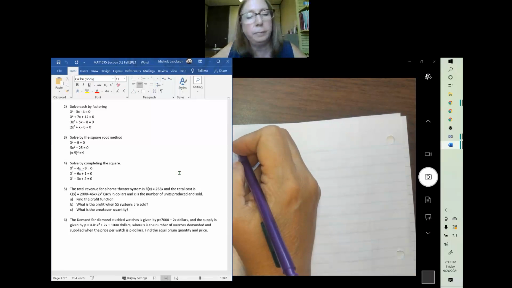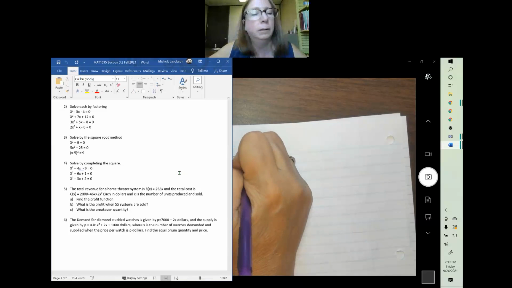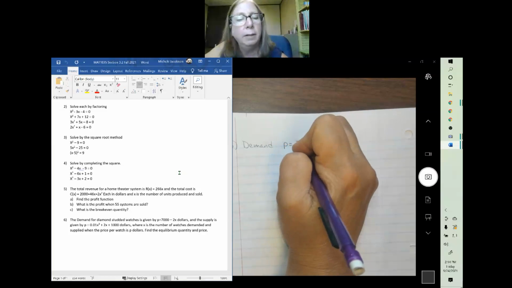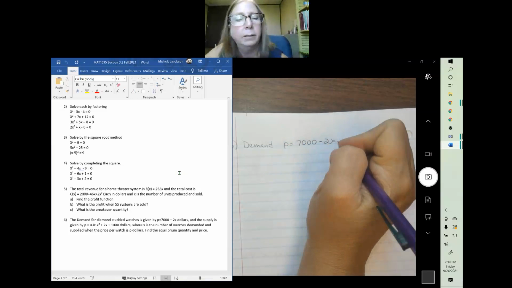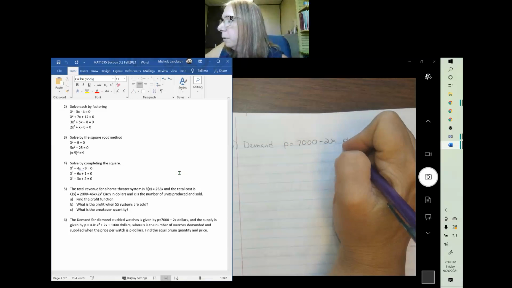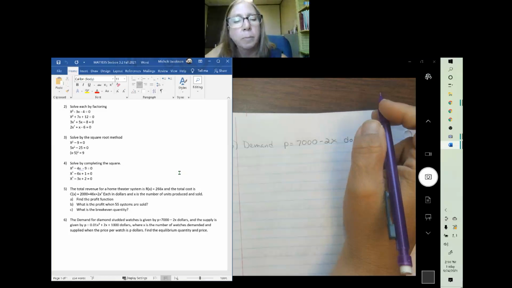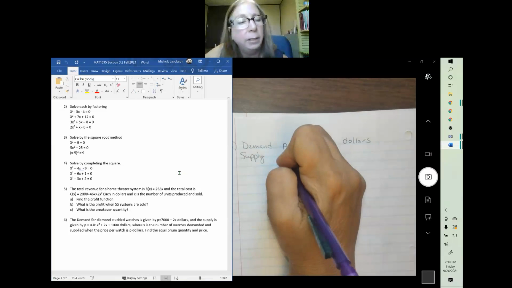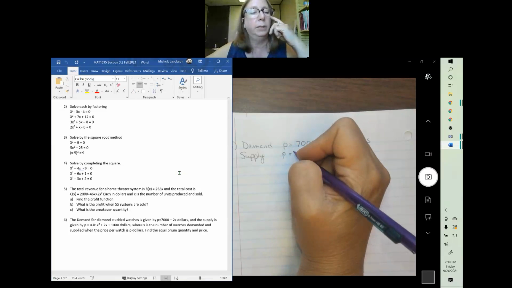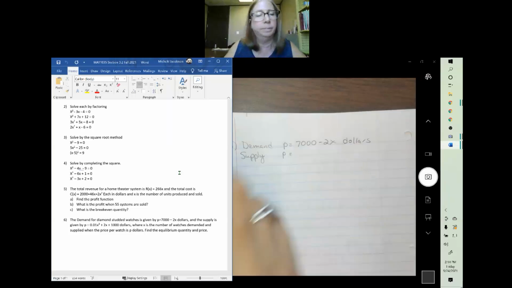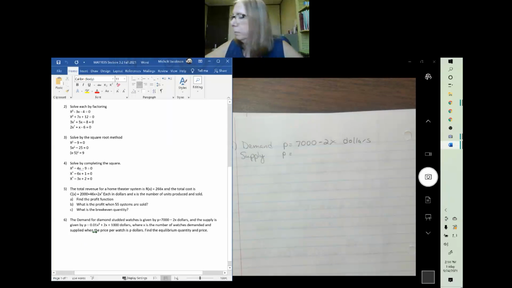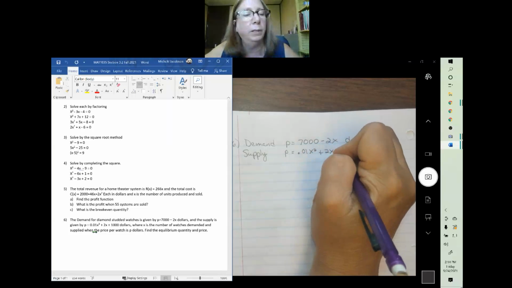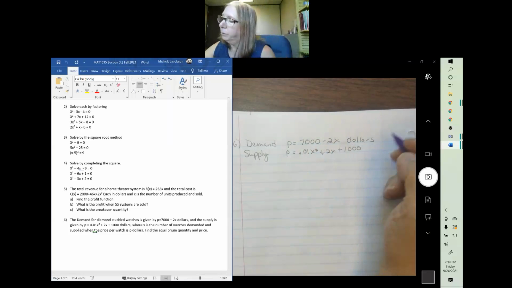Number 6. The demand for diamond-studded watches is given by P equals 7,000 minus 2x in dollars, and supply is P equals 0.01x squared plus 2x plus 1,000, also in dollars.